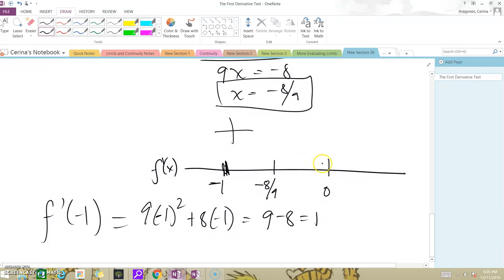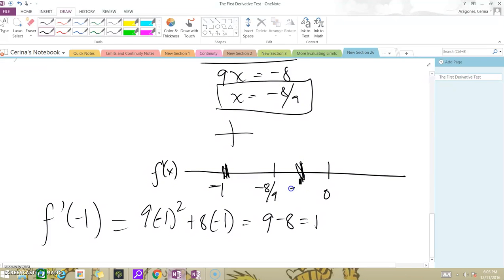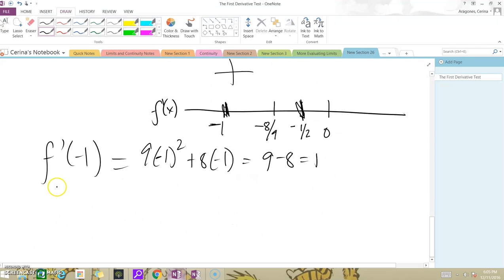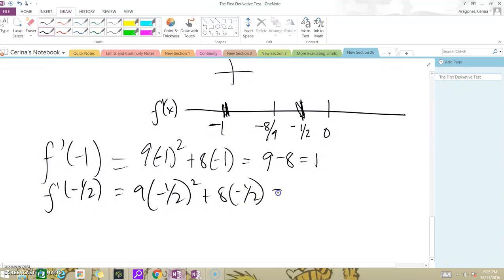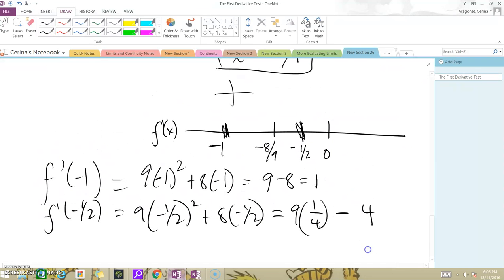We want to know what happens after negative 8 over 9. Let's say negative 1/2. So f prime of negative 1/2 is equal to 9 times negative 1/2 squared plus 8 times negative 1/2, which equals 9 times 1/4 minus 4, which is a negative number. So it's a negative right here.